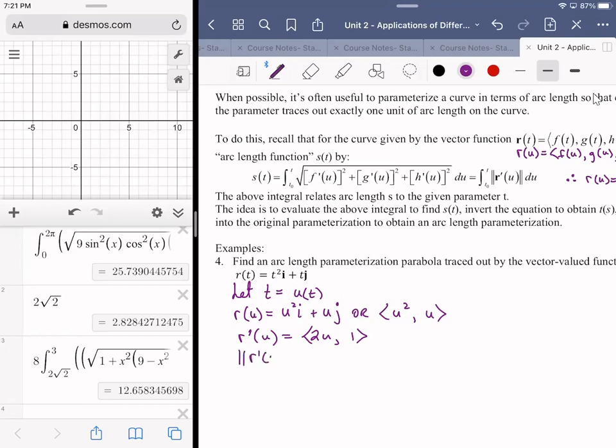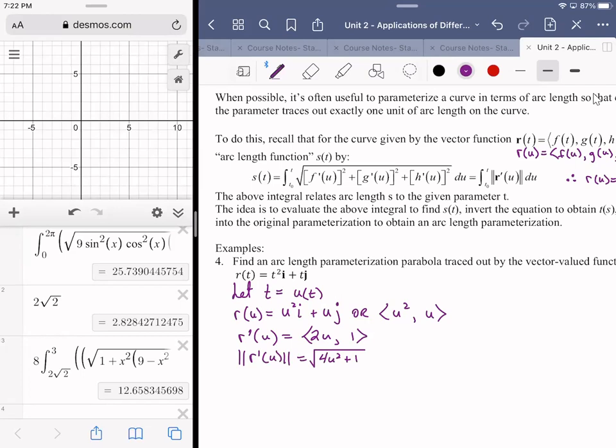So the magnitude of r prime of u would be equal to the square root of 4u squared plus 1 under the radical. That's what we're going to integrate.